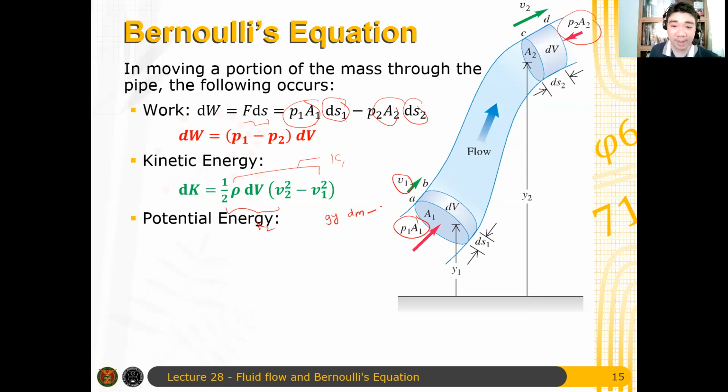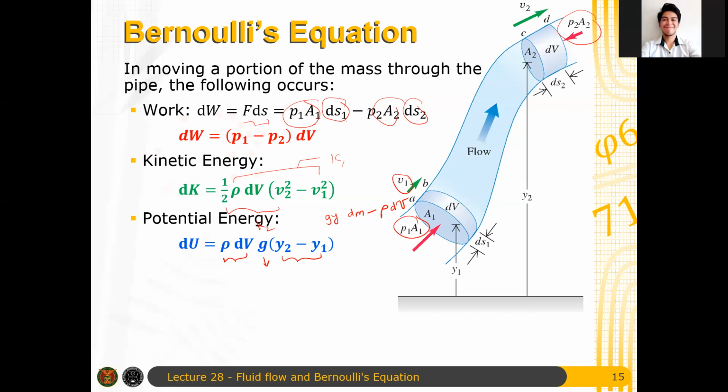But that differential of mass is simply density times this infinitesimal volume. So therefore, you have a potential energy that's given by the total mass times acceleration due to gravity times the change in height, where the total mass is rho dV. Okay, that's differential mass. Nakuha? Questions? Nakuha to? Yes, sir.